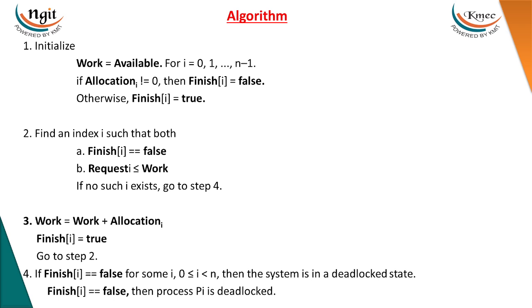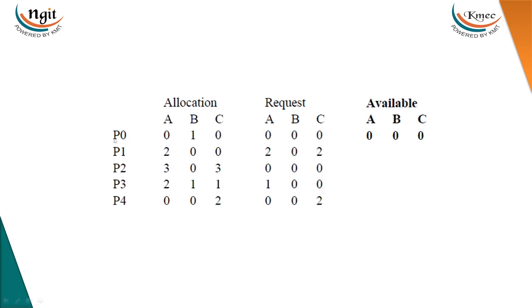That means there are some processes which are completed, and some processes which are not completed. It will check for completed and not completed processes. Let us take here, if allocation is 0, then the process has completed its execution. If the allocation is not 0, then the process is yet to complete its execution.